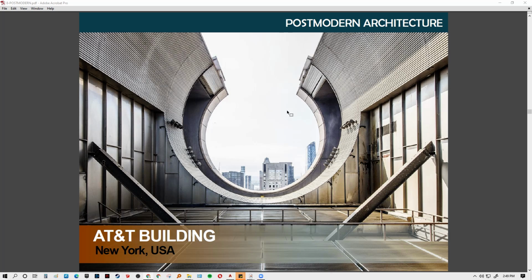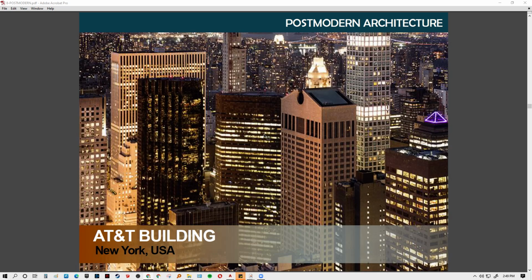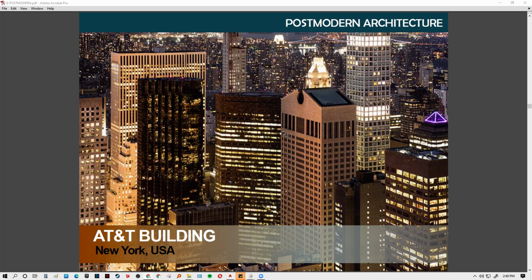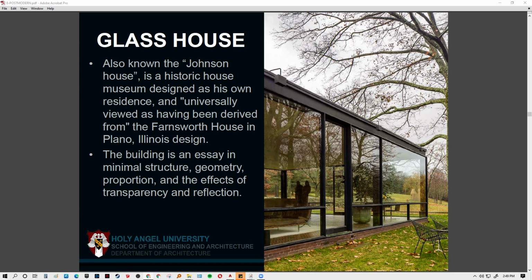So this structure is mixed with metal and brickworks, along with concrete columns, to enable a straight design with similarly spaced windows.